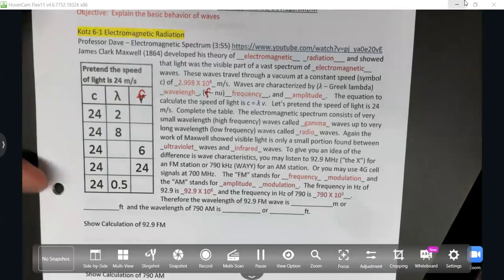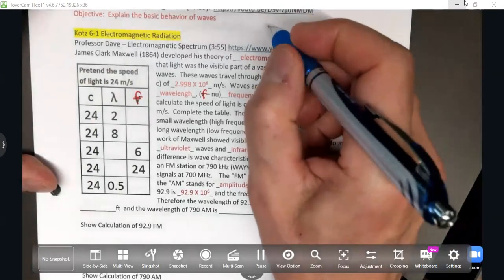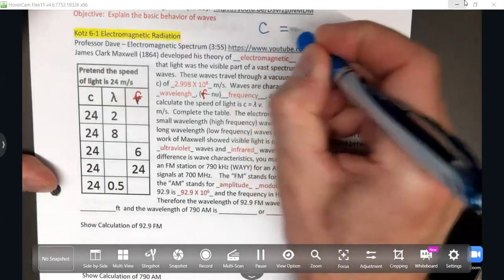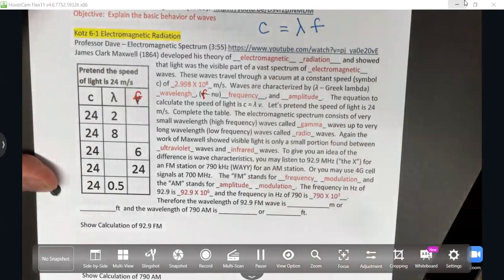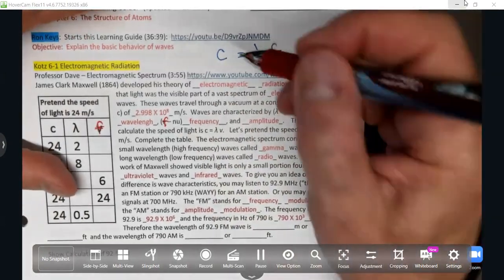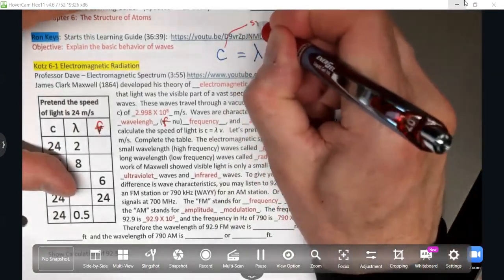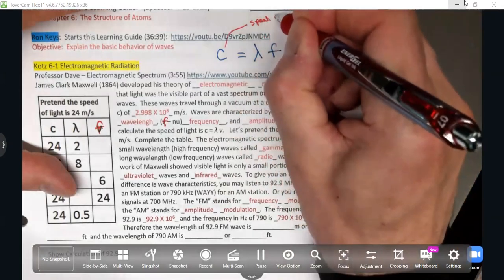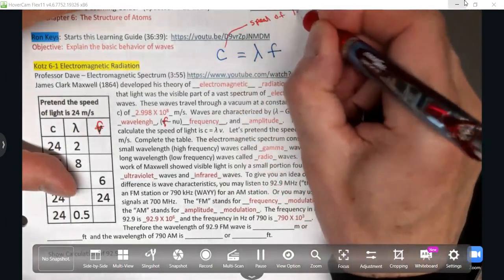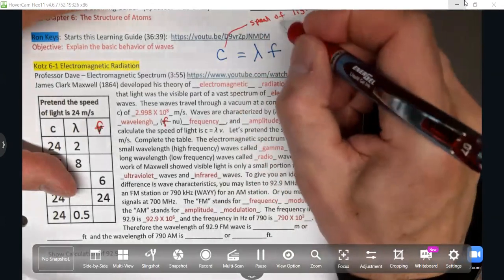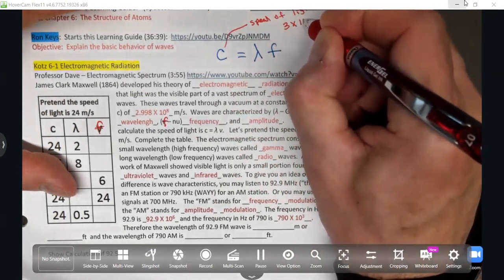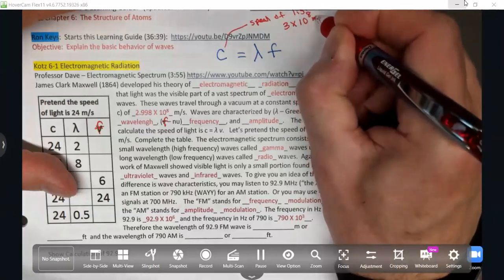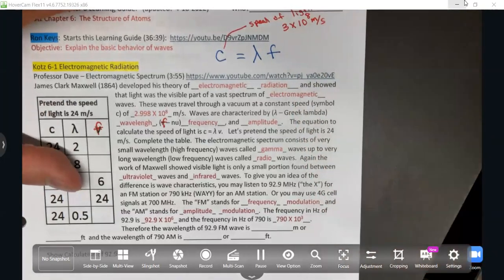We know that c is equal to lambda times the frequency. Now, this is the speed of light. We are going to round this. When you do the problems, just round this to 3 times 10 to the 8 meters per second.